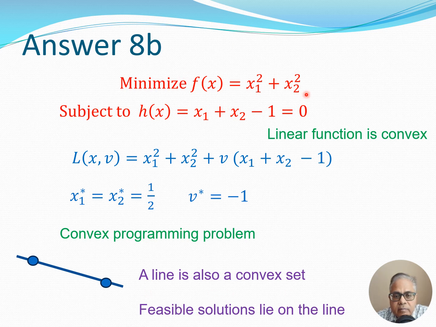And of course, in a problem like this, the solutions are all going to lie on the line, because at the point where it will be solved, the constraint has to be satisfied. So essentially any optimal solution lies on the line x1 plus x2 minus 1 is 0, and you can see that this particular solution here, x1 is x2 is half, does satisfy the equation of the line. So that's something to keep in mind here.